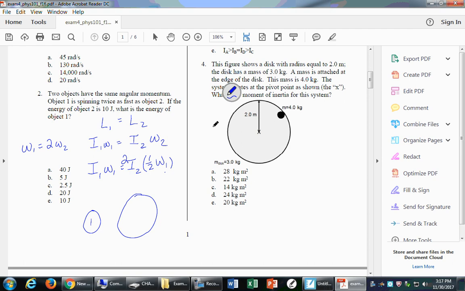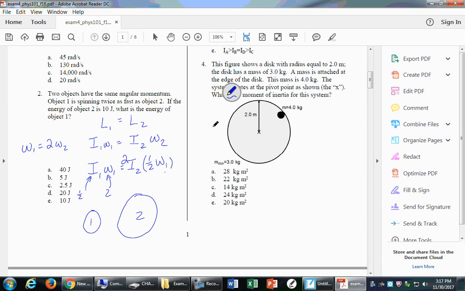This is object number 1, object number 2. And I want to know what is the energy of object number 1. Well, look, object number 1 has half the moment of inertia of object number 2, but it has twice the speed. It still has the same momentum, but it's proportioned differently because it has twice the speed but half the moment of inertia. Let me step back through that, okay?